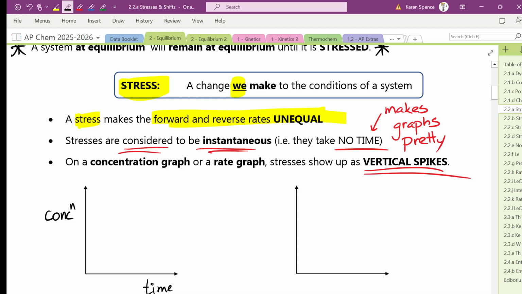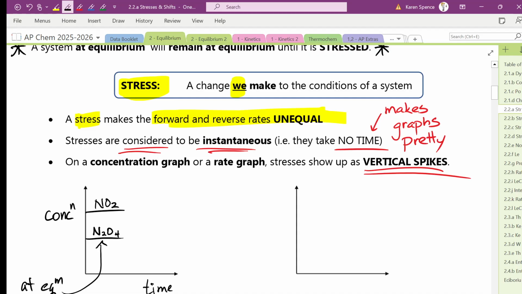And we're going to use our favorite little reaction, NO2 and N2O4. You'll notice, are the concentrations equal? No. Should they be equal? No, but they are unchanging. What do we know about this system if the concentrations are constant? We are at equilibrium. So this is our original equilibrium.